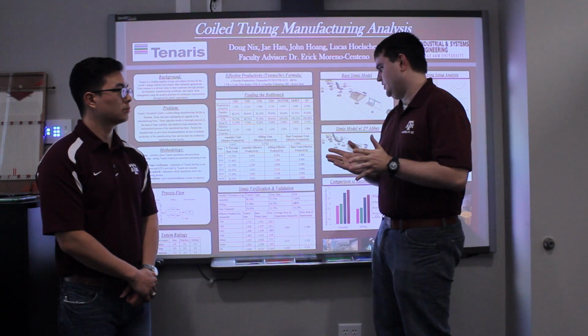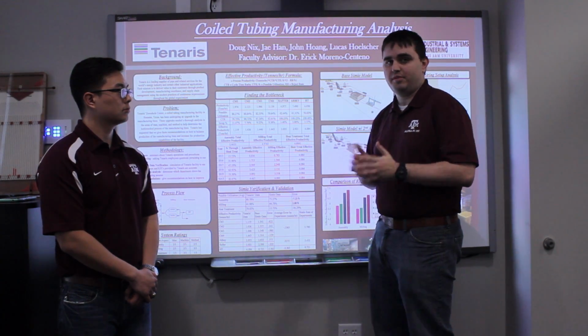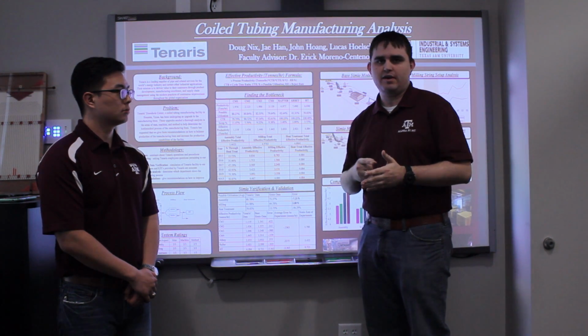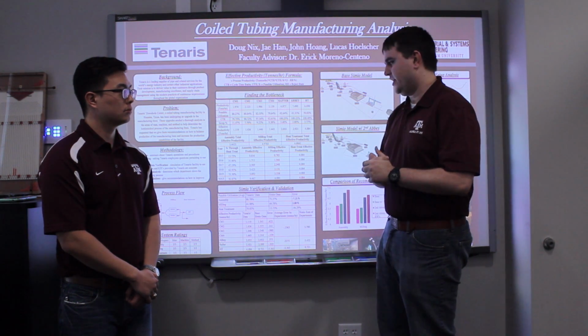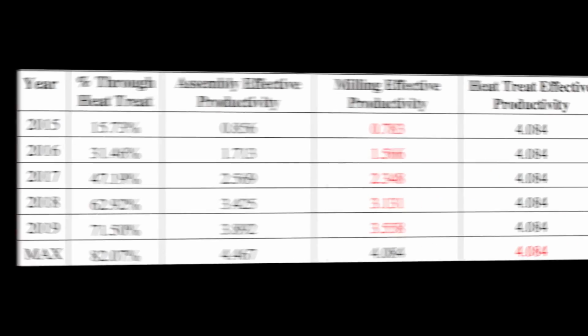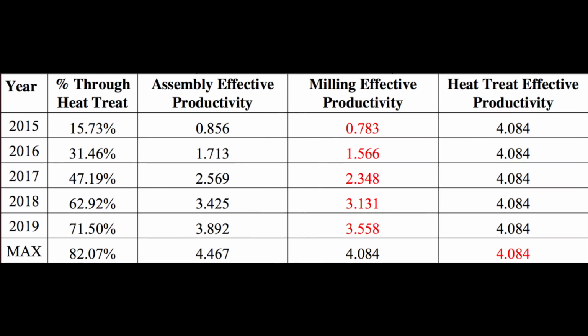So to weight the effective productivity, we need to multiply the effective productivity in the assembly and the effective productivity in the milling by the percentage of materials that went through heat treatment. Shown here in the last table are the projections of what percentage of materials Tenaris thinks will run through the heat treatment.